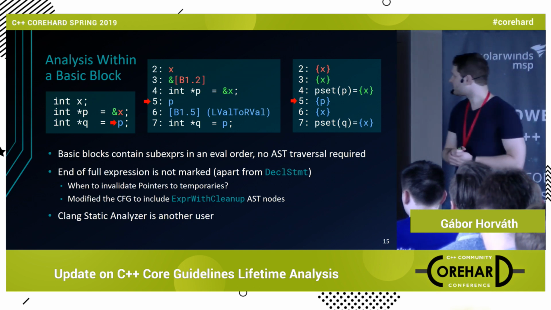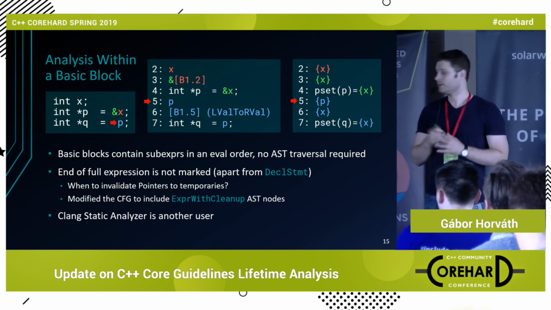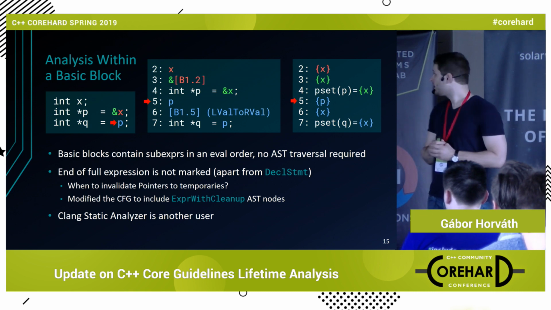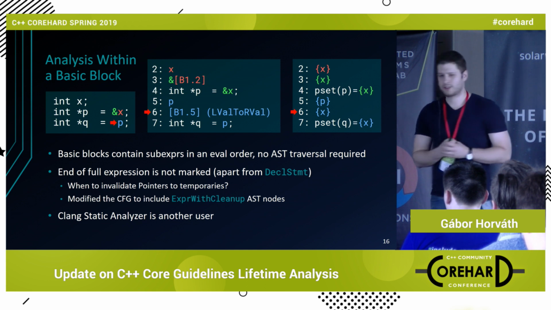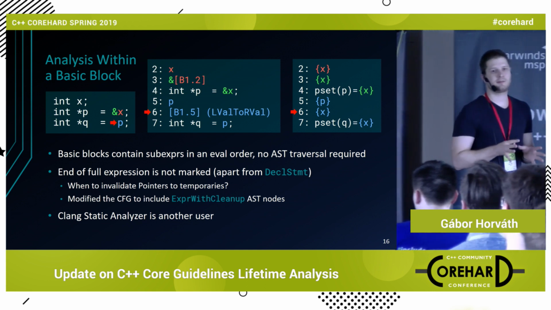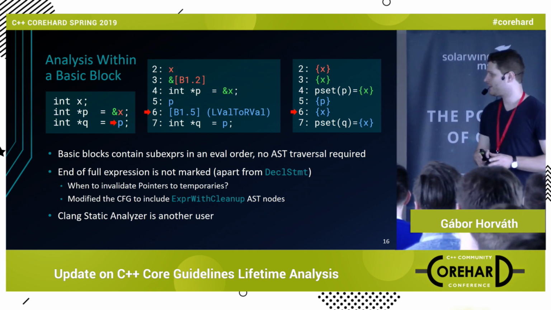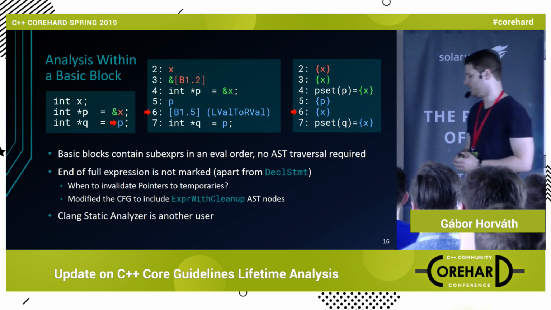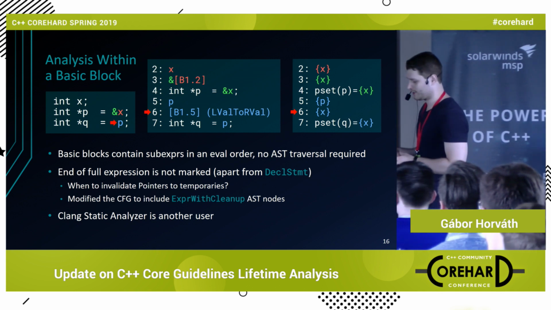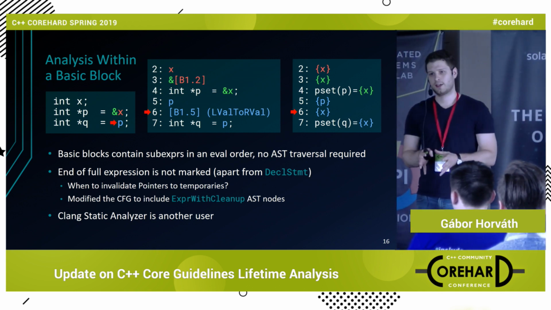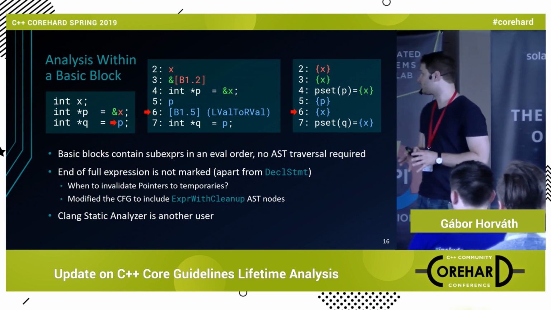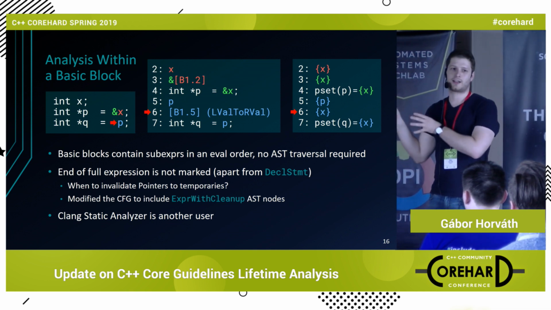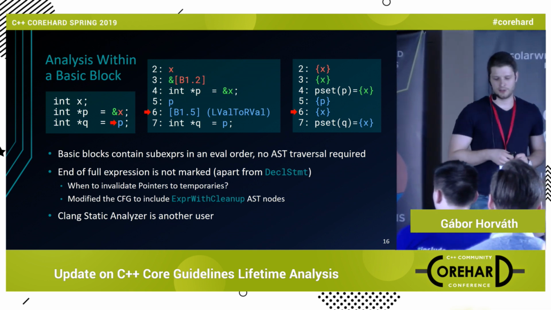So later on, when we see p, it's an L value, so its points-to set is p, and in fact there is an invisible construct that is not visible in the code, but since the Clang compiler will build an AST that reflects the semantics of the code very closely, there is an implicit cast there that is not visible in the code.